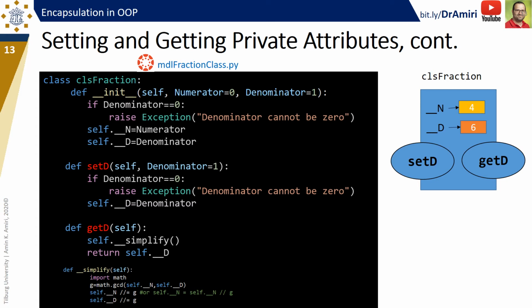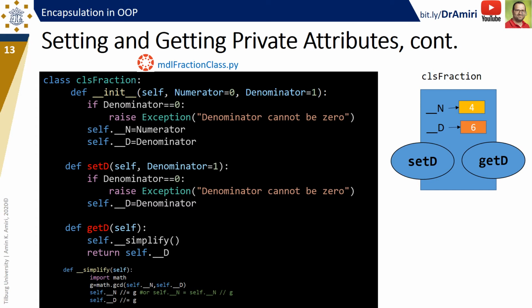And in the initializer method, if the front-end programmer tries to provide a denominator of 0, I'm going to raise an exception, and that means that the front-end programmer's program will end. Of course, we also need to allow the front-end programmer to change D and N if he wants to.